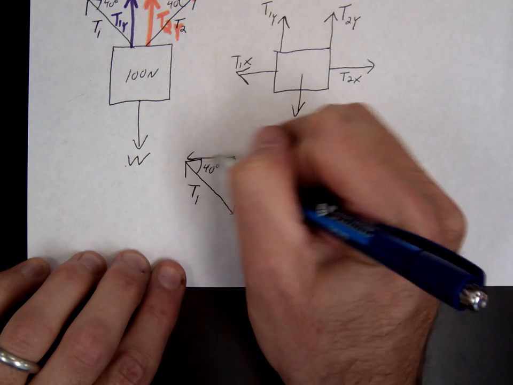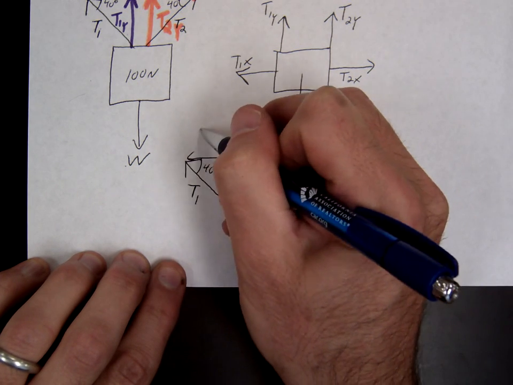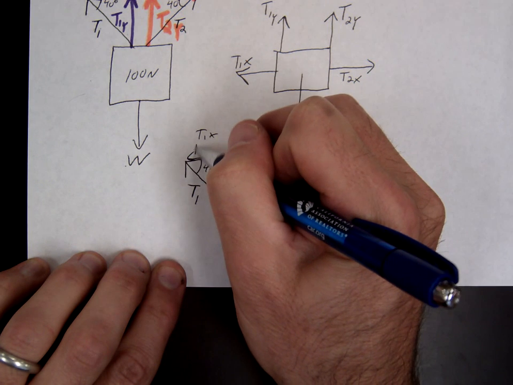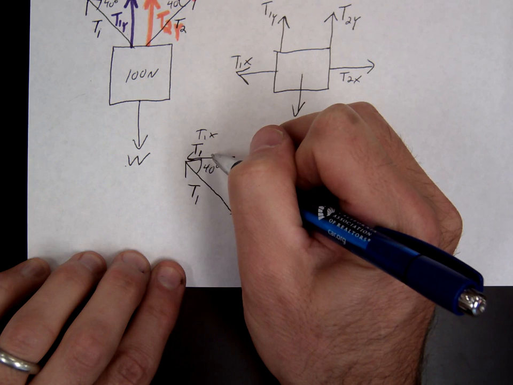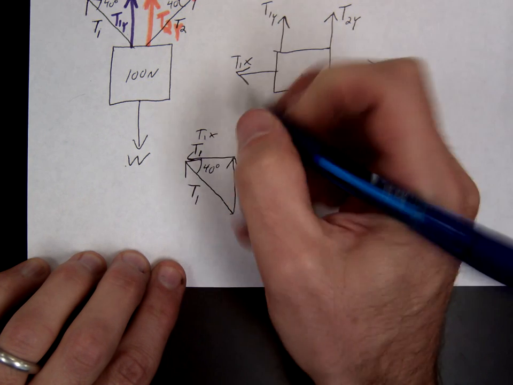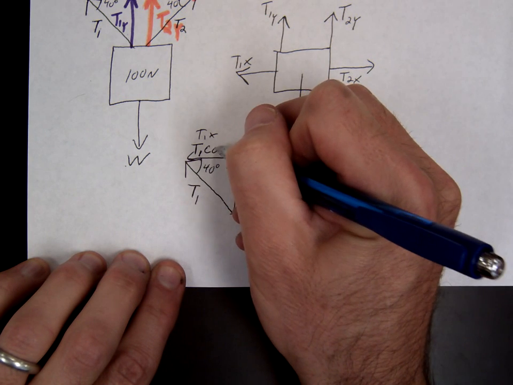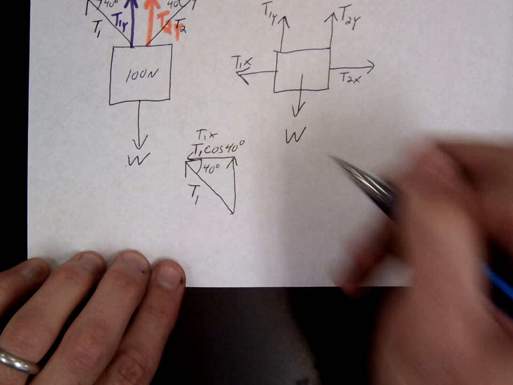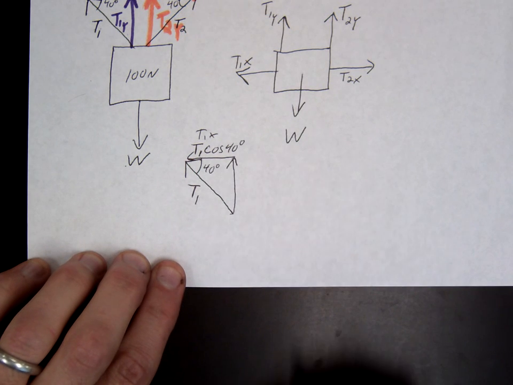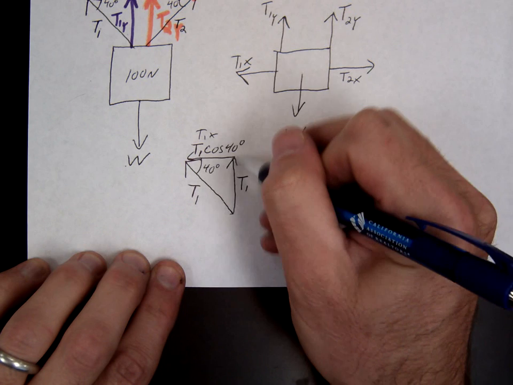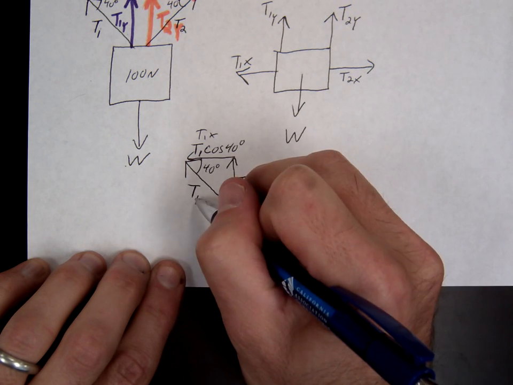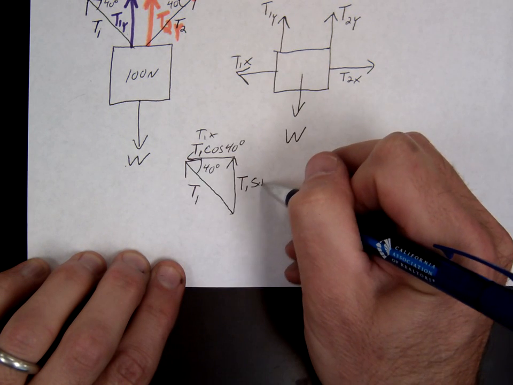Let's do this one first, the T1x. This would be T1, and then this is the adjacent side. So do we use cosine or sine? Cosine. So I'm just going to call that T1 cosine of 40. And the same thing on this side, except this is the opposite side. So we'll call this T1 sine of 40.